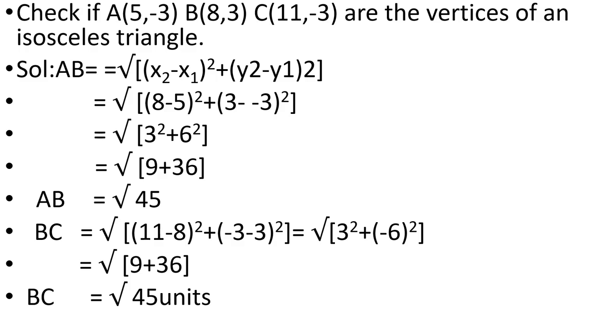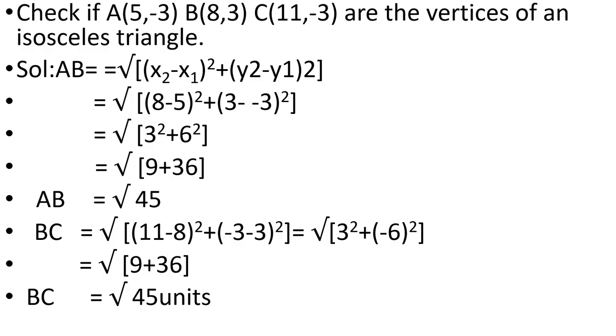Now coming to the second point, we are going to see the different types of problems which can be solved using the distance formula. So here the second problem states that check if A 5, minus 3, B 8, 3 and C 11, minus 3 are the vertices of an isosceles triangle.